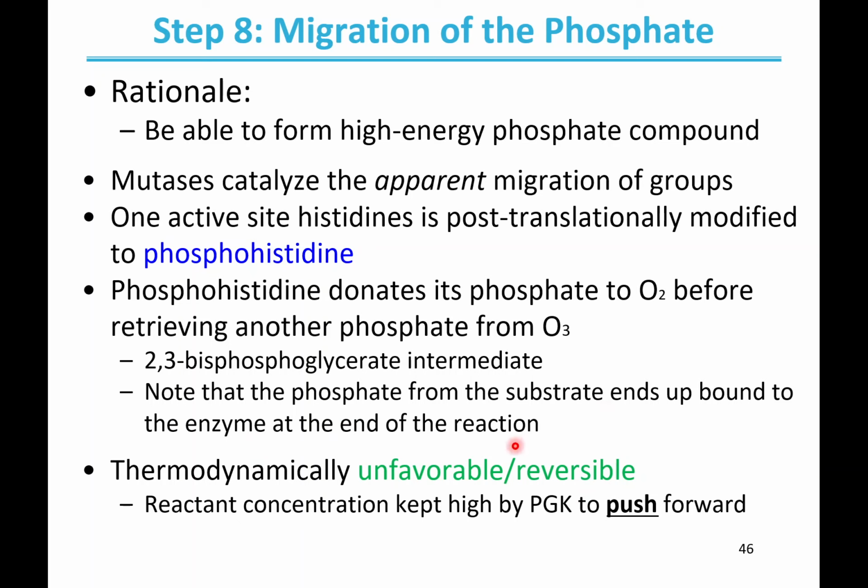So again, it's not the same phosphate moving, but that's why this is a mutase, not an isomerase enzyme. Okay. This is thermodynamically unfavorable and reversible. Okay, and this is a rare case where the reactant concentration is kept high to push the reaction forward.